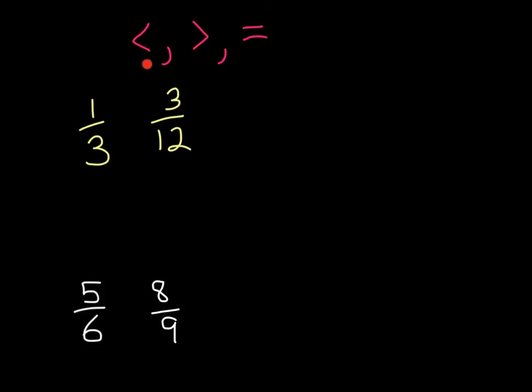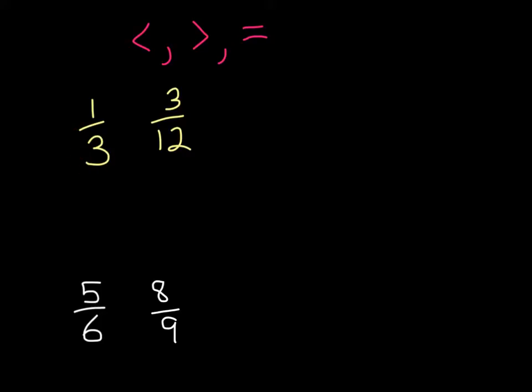When I'm asked to compare fractions, like I am in these problems, there's a couple of different strategies that I can use, and I'm going to show you those different strategies so you can decide which strategy works best based on what type of problem you have. Here's an example of a time where I'm going to find an equivalent fraction to help me determine which one is bigger or smaller. In this case, I have 12ths as my denominator here and thirds here.